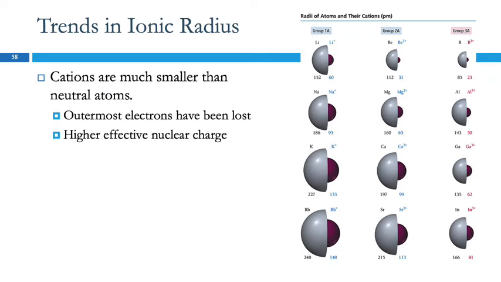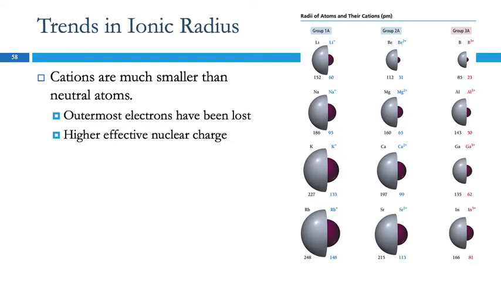We can also look at trends in ionic radii. So let's just think about this. A cation is made by taking electrons away. You would expect that to make the atom bigger or smaller? Peel something off the outside, it should get smaller. It does.